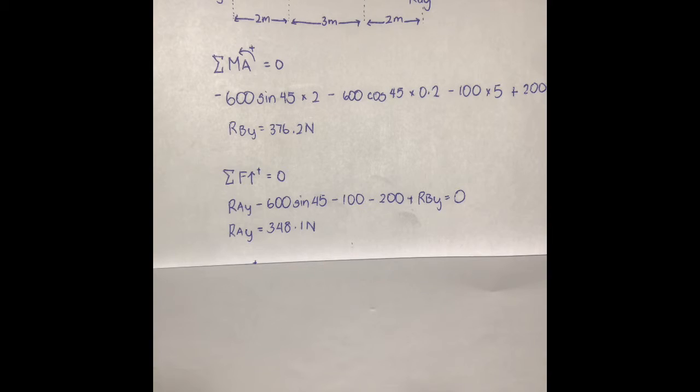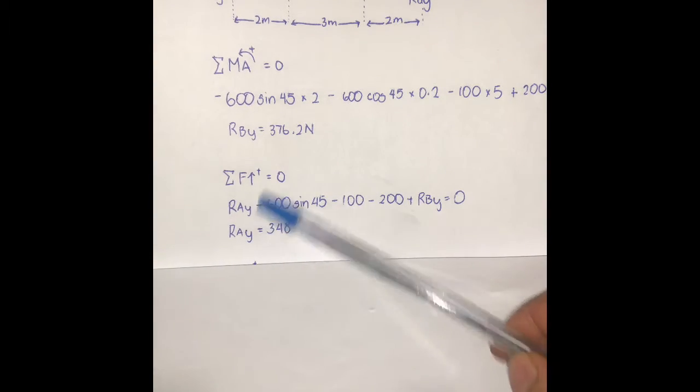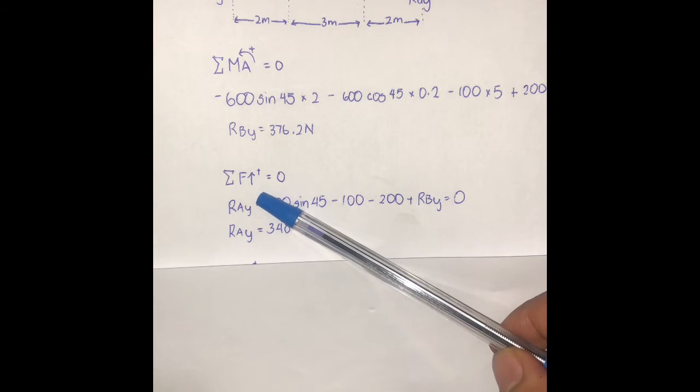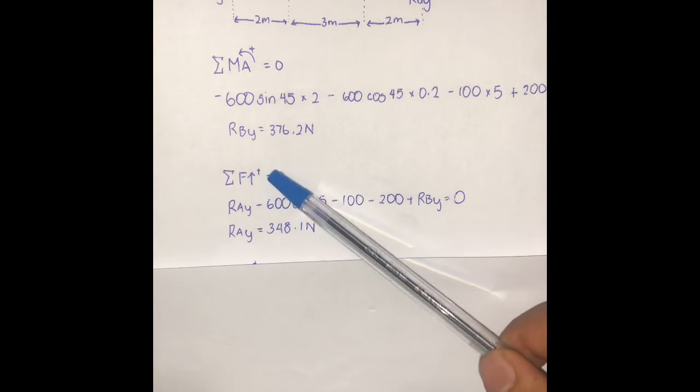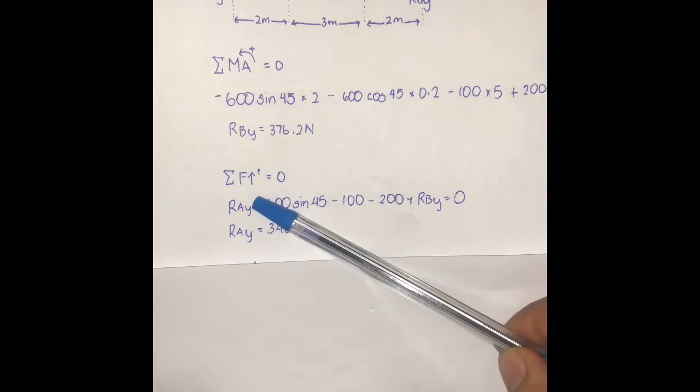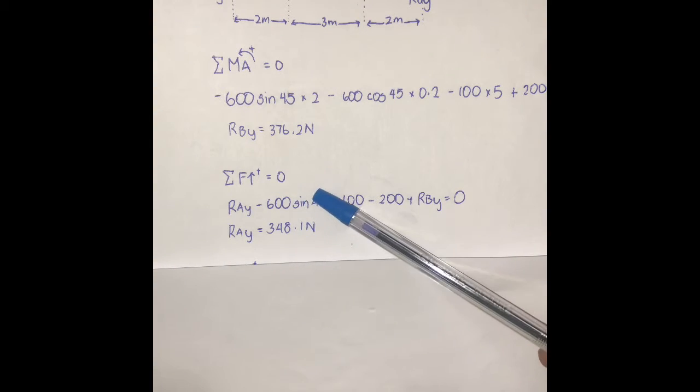The next step is to take the summation of forces in the vertical direction, and let's set that to positive, going upwards. Equate that to 0.